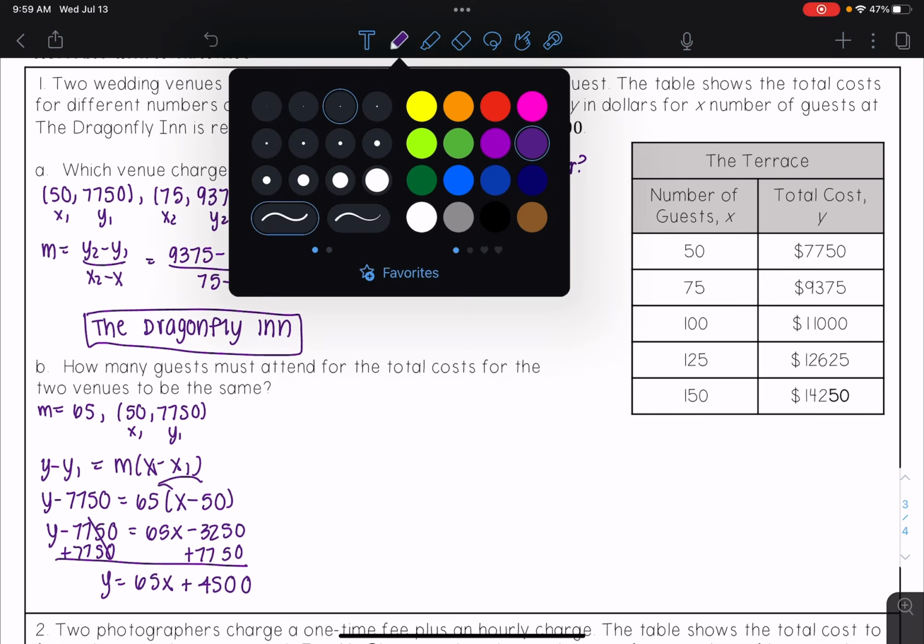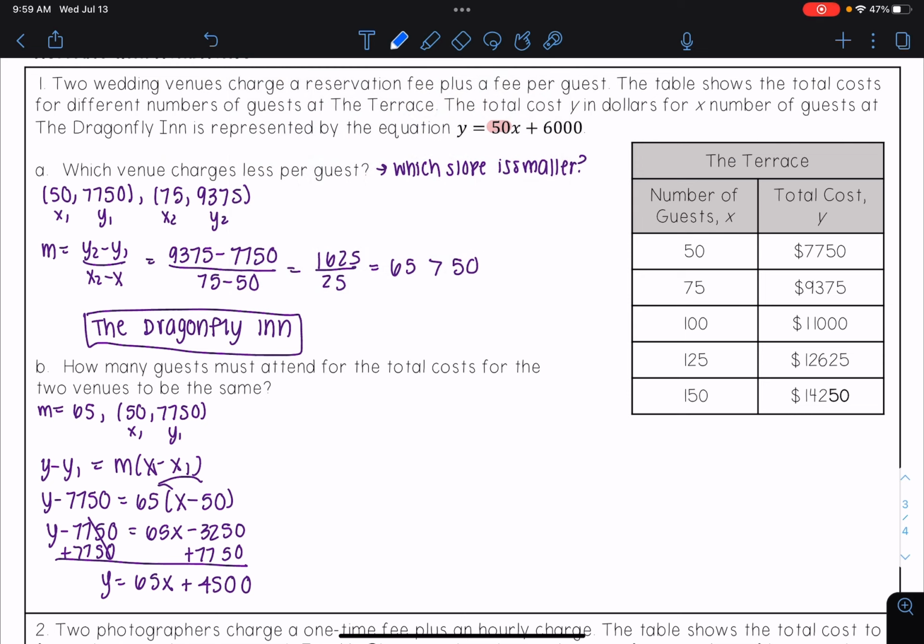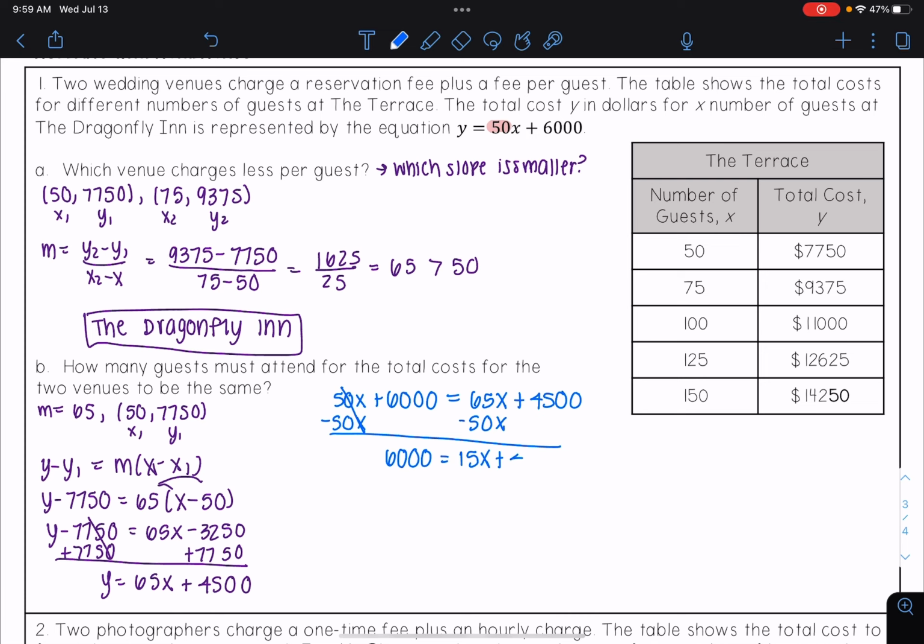And I want to see when they cost the same. So I'm going to set both of these equations equal to one another. So I have 50x plus 6,000 is equal to 65x plus 4,500. And now I'm going to solve this for x. So I'm going to subtract 50x from both sides. And I get 6,000 is equal to 15x plus 4,500.